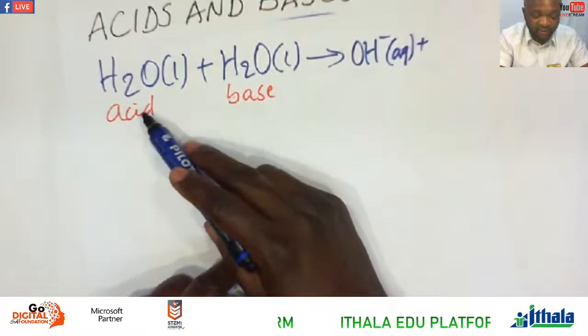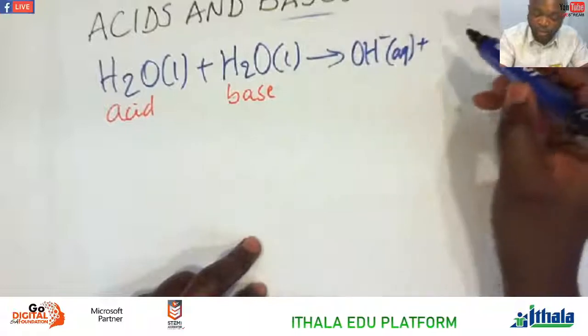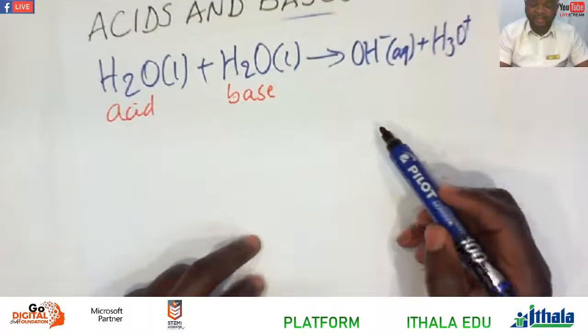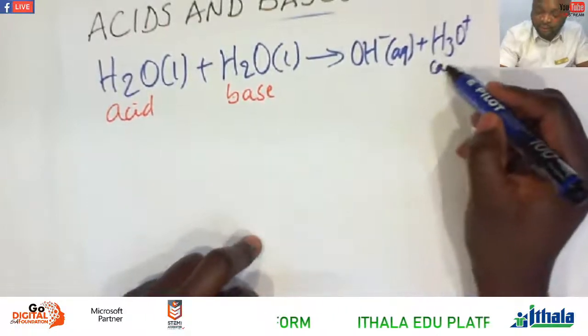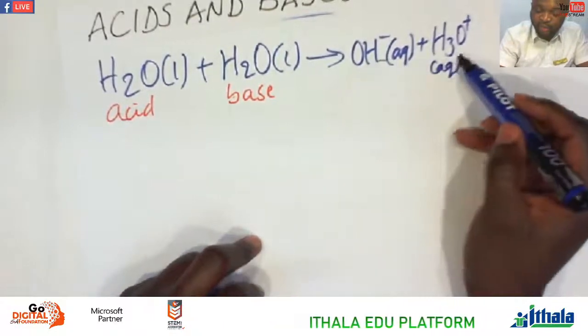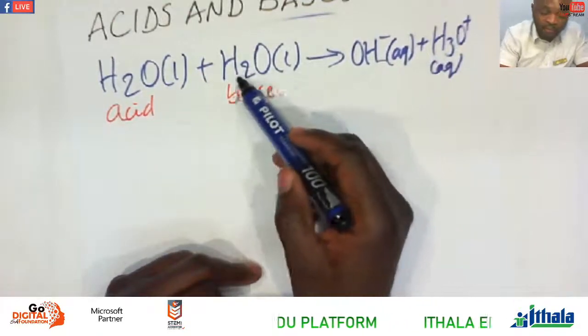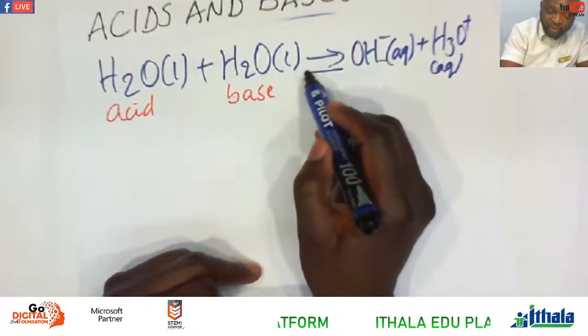So when it accepts a proton, it becomes what? H3O plus, right? Again, we write OH minus and H3O plus, and the reaction goes both ways with H2O. So this reaction is also what?